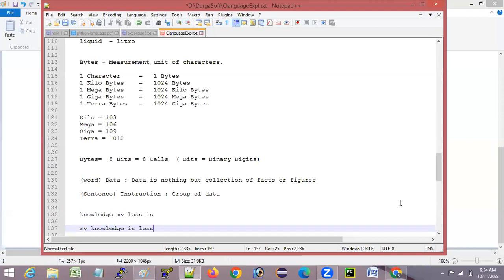Then only you have done a good job. Otherwise, it is not a good instruction. When you have a group of data, when you have merged a number of data, it becomes an instruction. The instruction should be meaningful. Meaningless instructions are not valid in our computer, because they will not give any valid result.